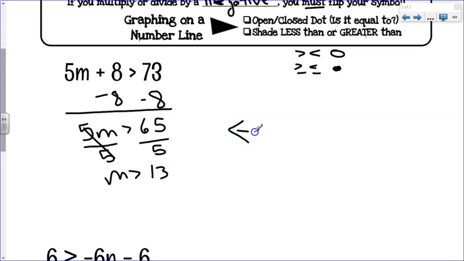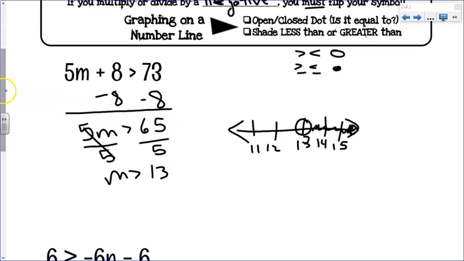So if we go over here, we make a number line. We're going to have 11, 12, 13, 14, 15. Since it's not equal to, it's going to be an open circle, and m is greater than 13, so we shade to the right.